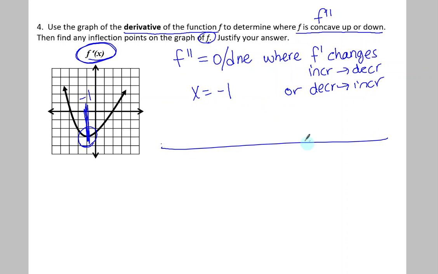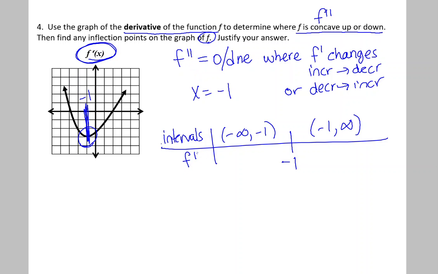So we set up our number line with -1. Intervals, -∞ to -1, and then -1 to infinity. And now we do want to explore the sign of f double prime, but we want to think about what f prime is doing.